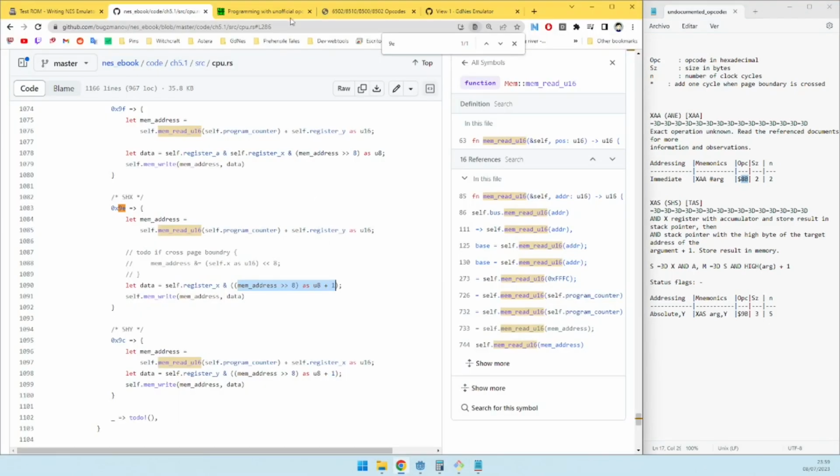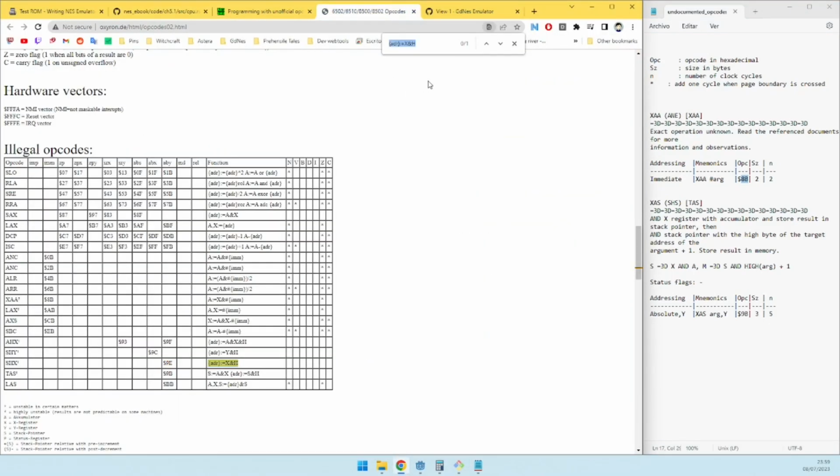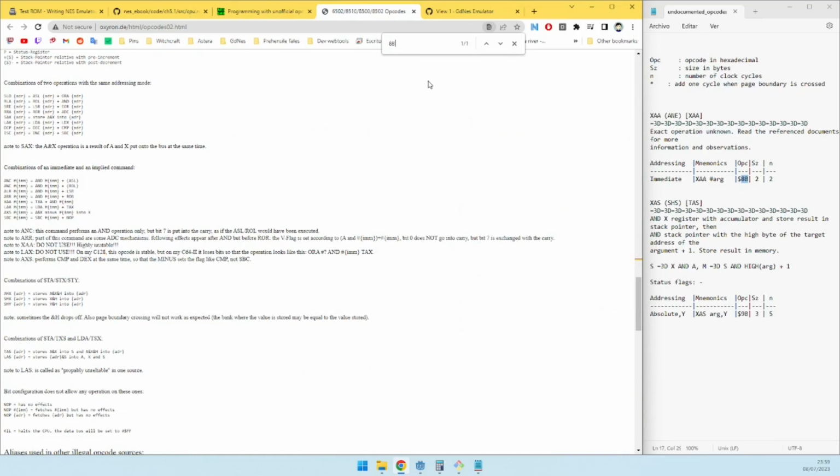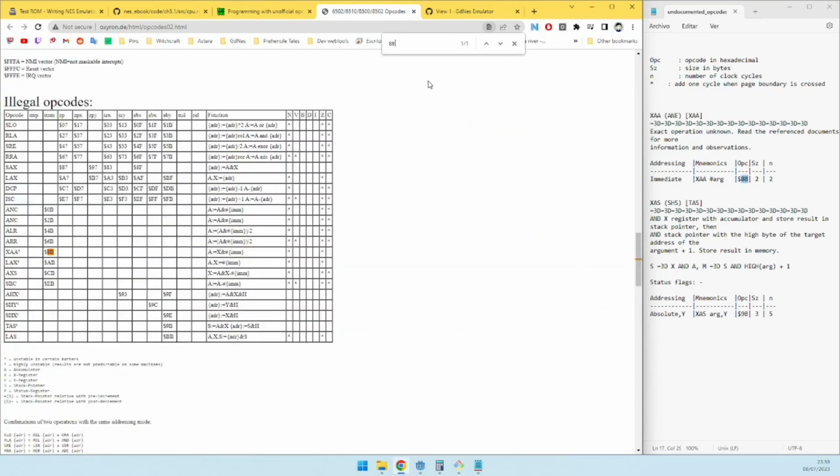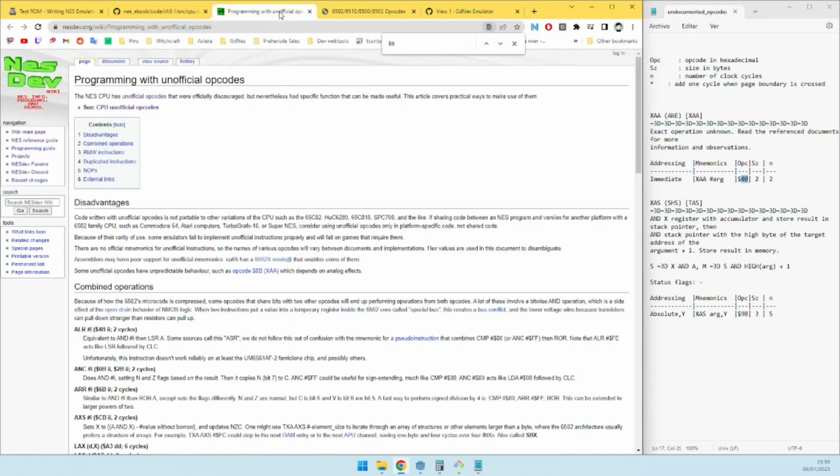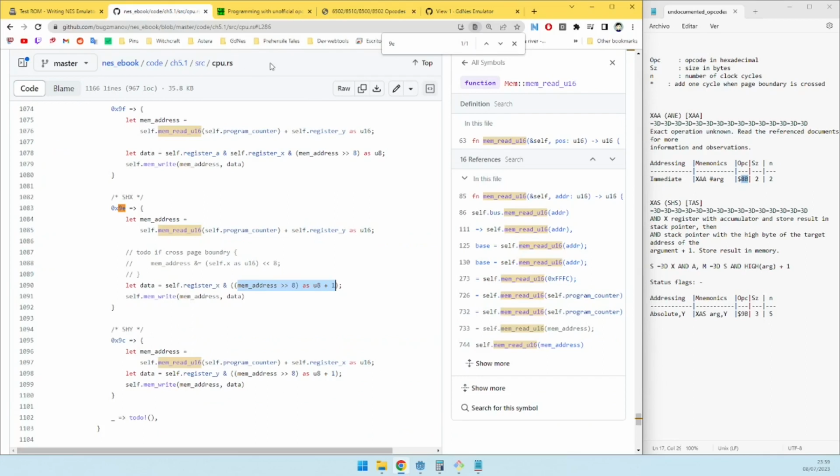8B. What does it say here about 8B? XAA. A equals X and immediate, and affects zero and negative. And what does it do in here? 8B.